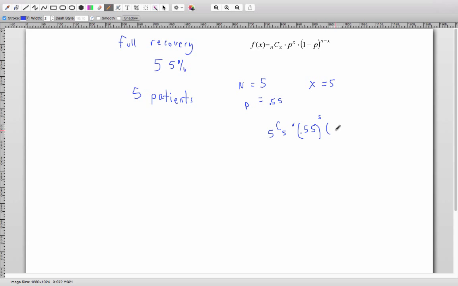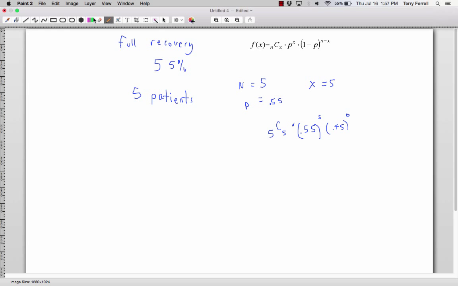And then 1 minus p, that's 1 minus 0.55, which is 0.45, to the 5 minus 5 power. What is 5 minus 5? 0. So that's just going to be 1. So really I have 5 choose 5 times 0.55 to the 5th power.